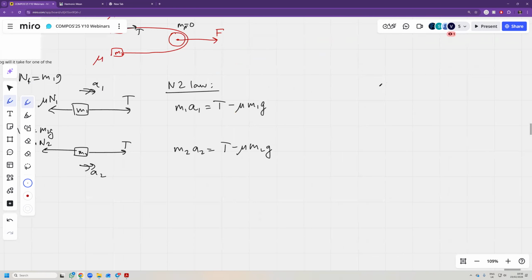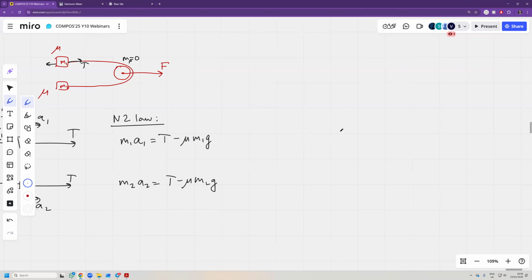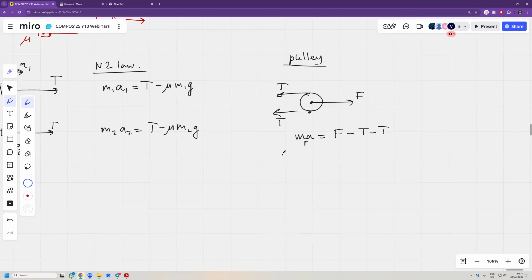And then for the pulley itself, this is quite unusual because the mass of the pulley is 0, but we still want to write down the forces: the force of pull F, and two tensions, T and T. So mass of the pulley times acceleration is F minus T minus T. But we know MP is 0, so 0 equals F minus 2T.